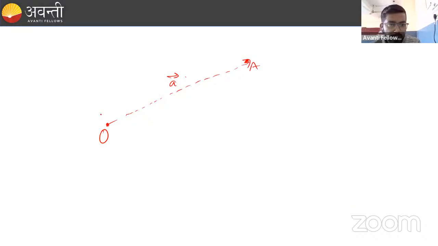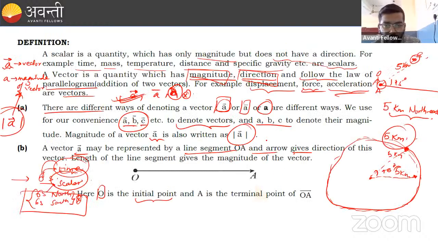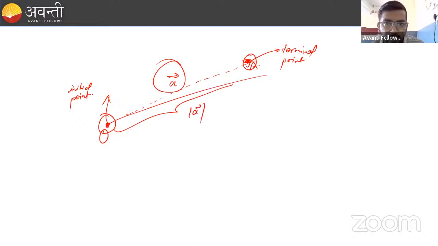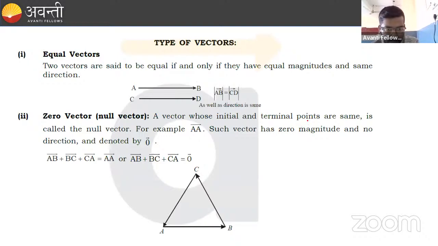If we know this point, which is called the terminal point, and this, which is called the initial point, then we can represent the vector, right? How will we represent this A bar? We will represent it by the magnitude. This magnitude will be our magnitude of A bar, and this OA will be the direction of A bar, right?